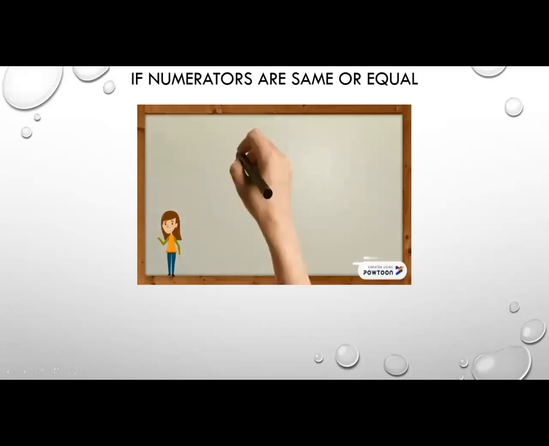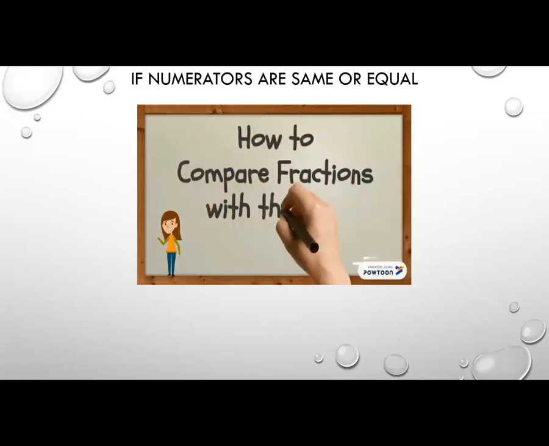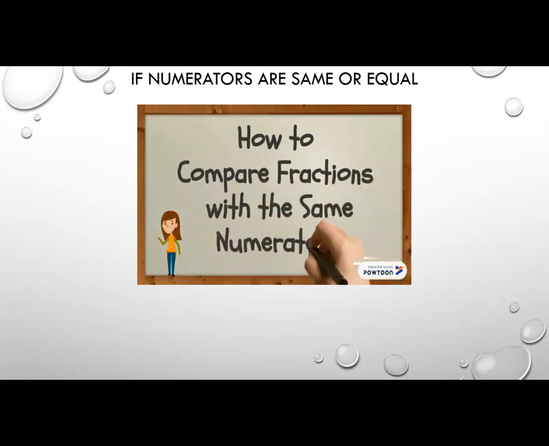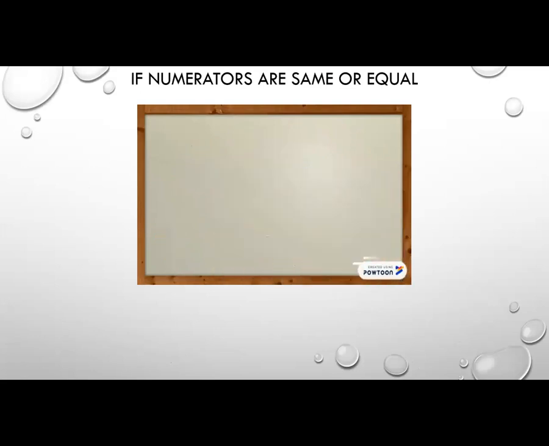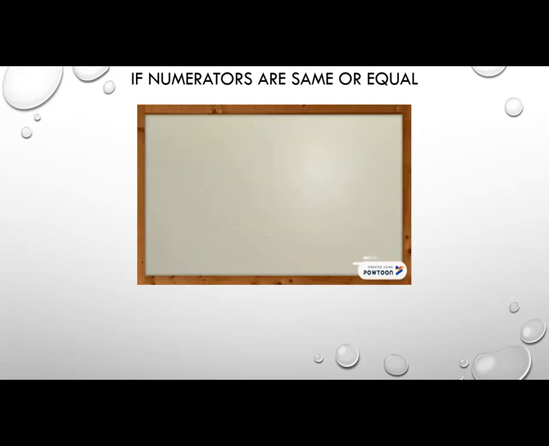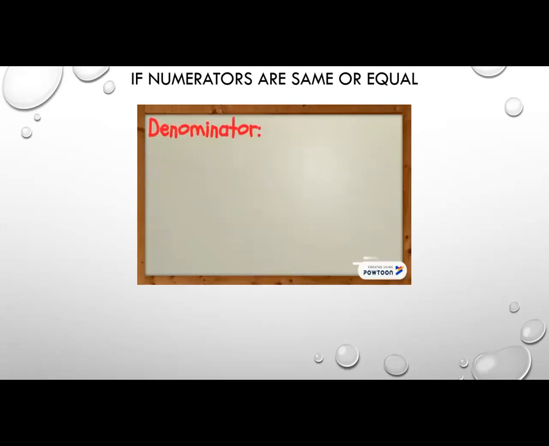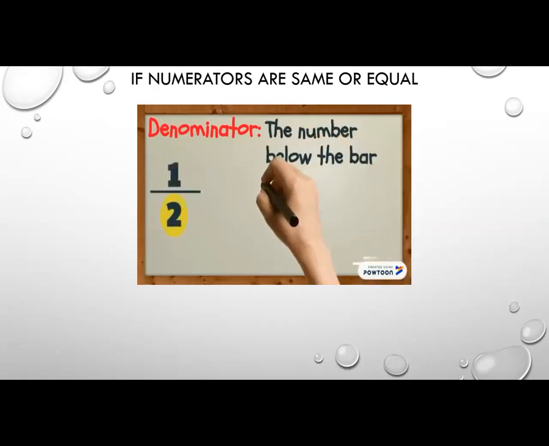Welcome! Today we're going to learn how to compare fractions with the same numerator. Before we begin, let's review some important vocabulary. A fraction is a number that names a part of a whole or a part of a group. Denominator is the number below the bar that tells us how many equal parts are in the whole or the group.